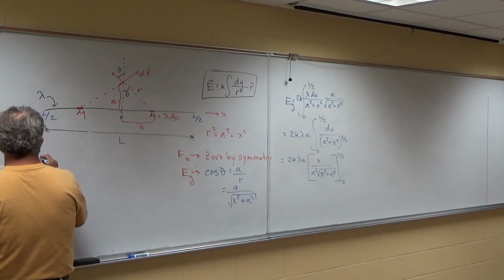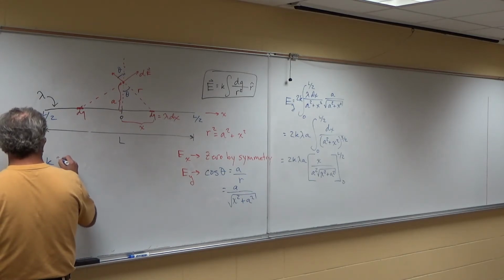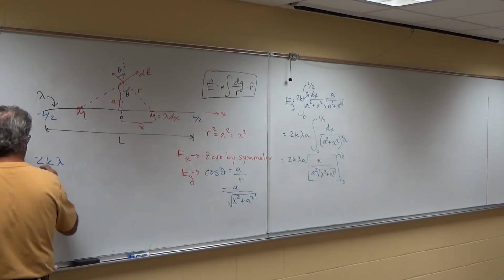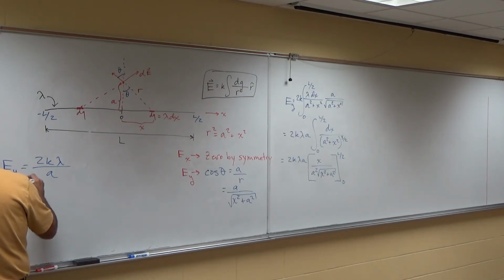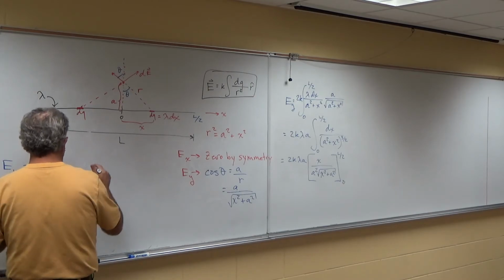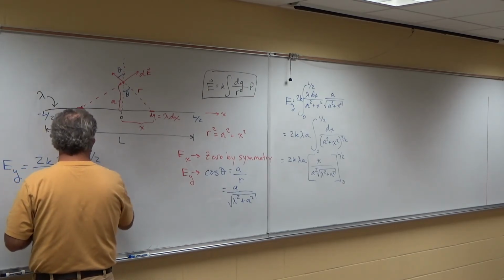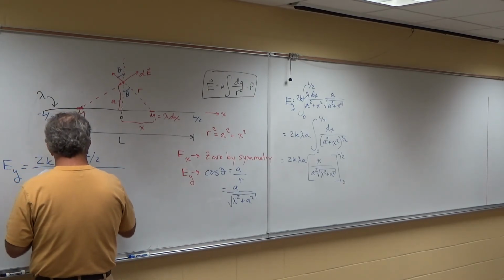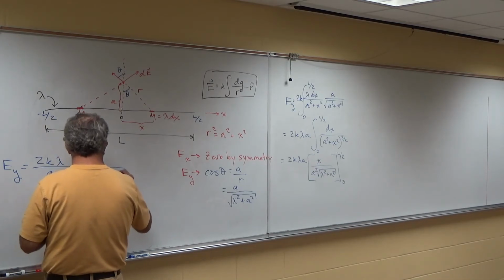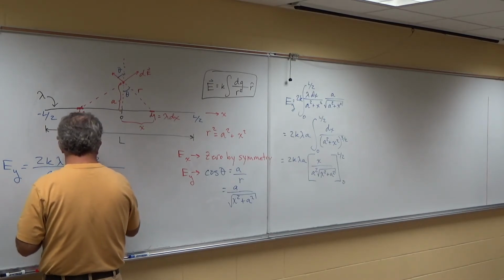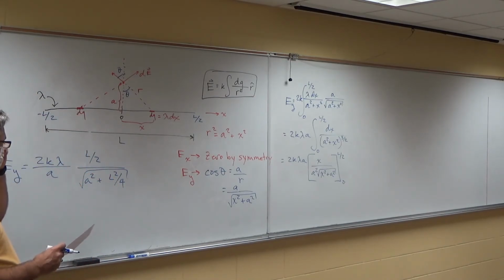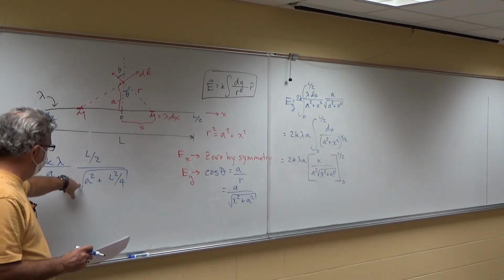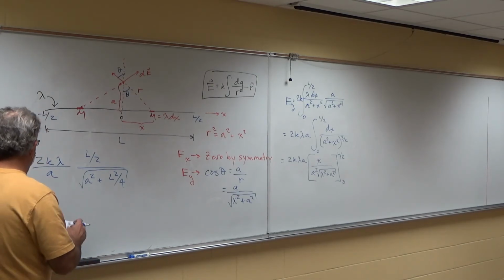So this becomes 2k lambda over a, and this is E_y, over a times L over 2 times a squared plus L squared over 4, all that underneath the radical. You can clean that up a little bit more. Multiply top and bottom by 2.